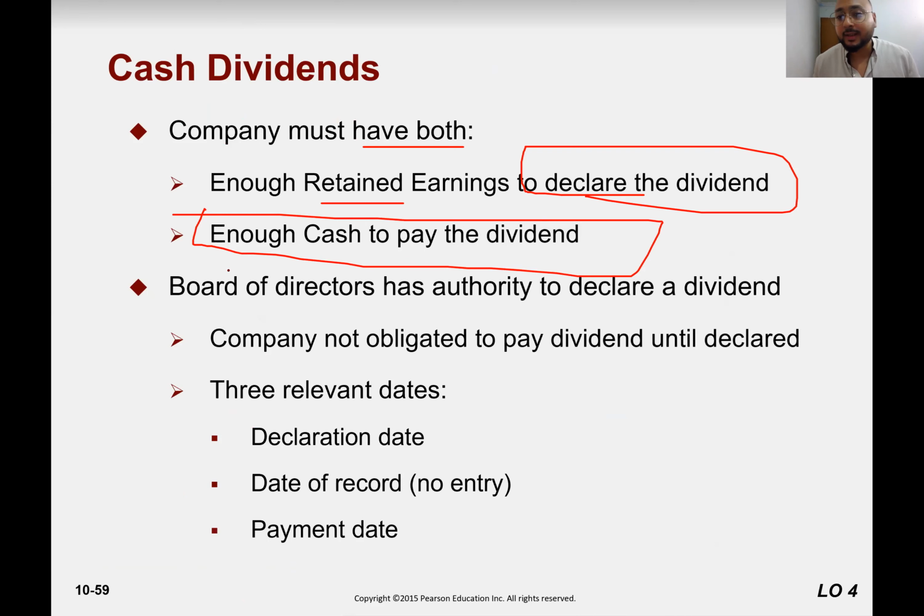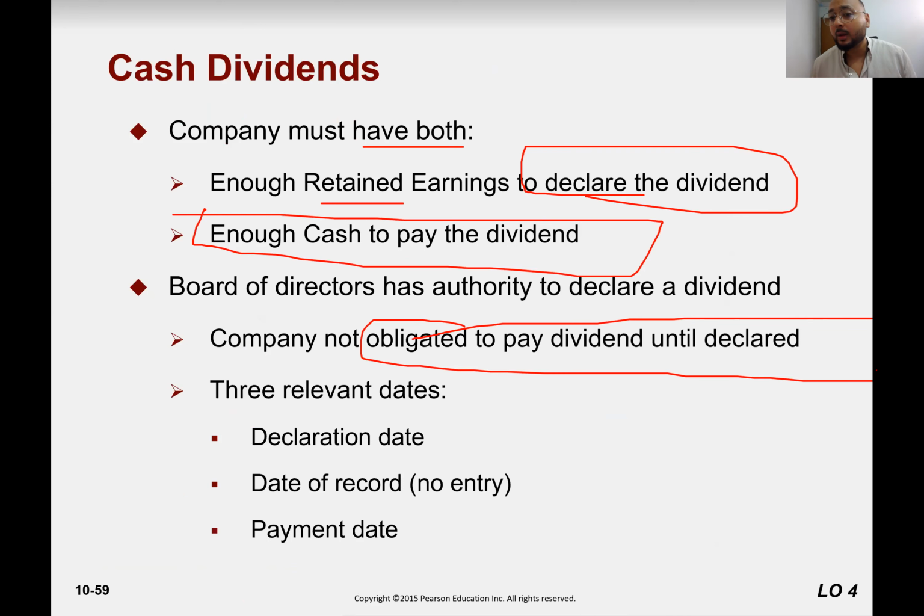So the board of directors has authority to declare the dividend. So the company is not obligated to pay the dividend until it is declared. Once the company's board of directors decides to pay the dividend, then the company is obligated to pay it. So dividends are paid on a date. There are 3 dates that are relevant.